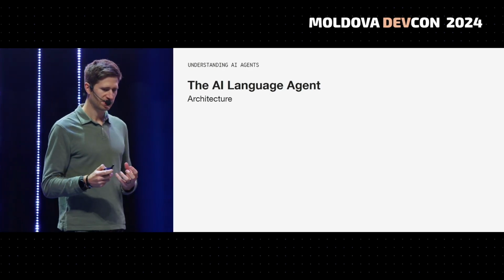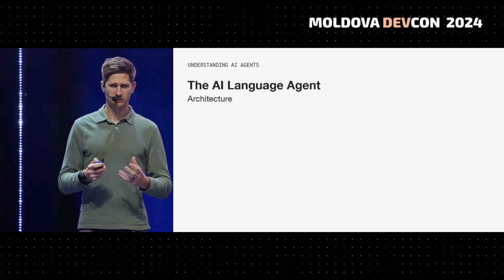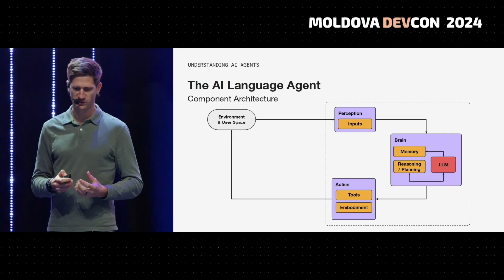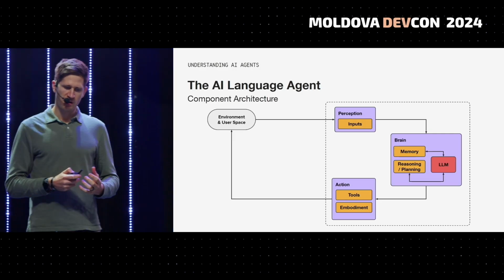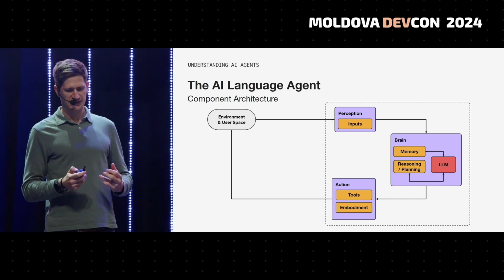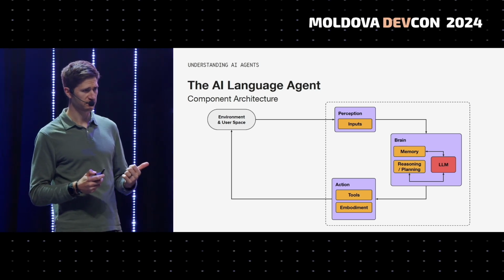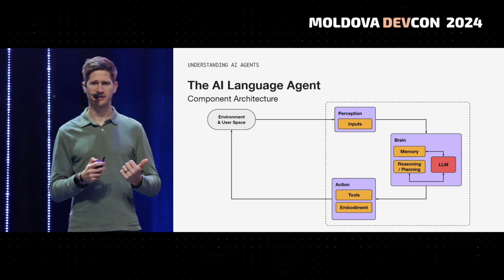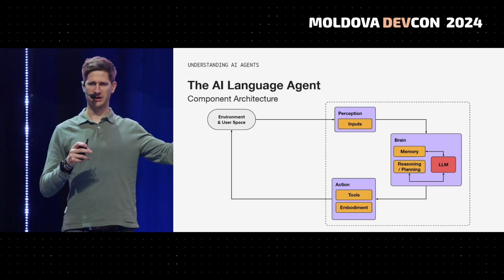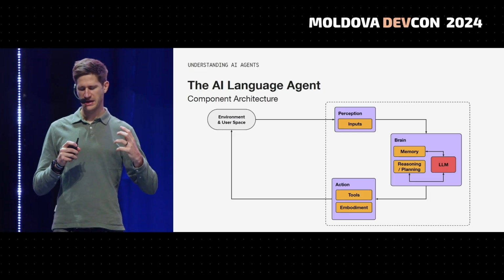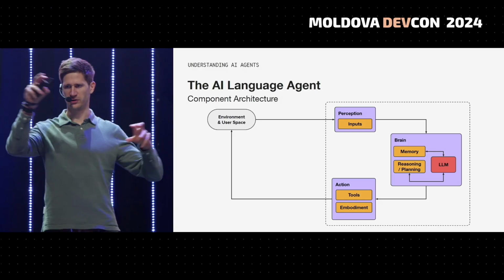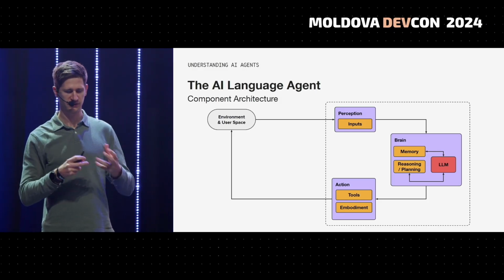To go a little bit deeper into what an AI language agent could look like from an architectural perspective, we can see the following. We've got 3 components. We've got perception, which is a component that allows this agent to interact with its environment. Going back to the original definition, it can get inputs and thereby play a role in whatever is going on around it.